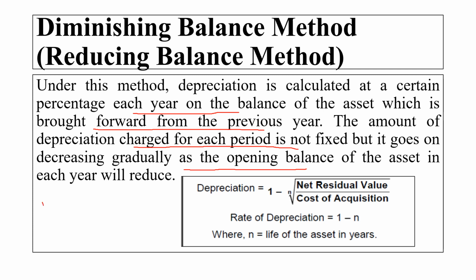Supposing this year we charge 10% depreciation, next year it might be 8%, then 6%, and so on. The formula is rate of depreciation equals 1 minus the nth root of net residual value divided by cost of acquisition, where n is the life of the asset in number of years.